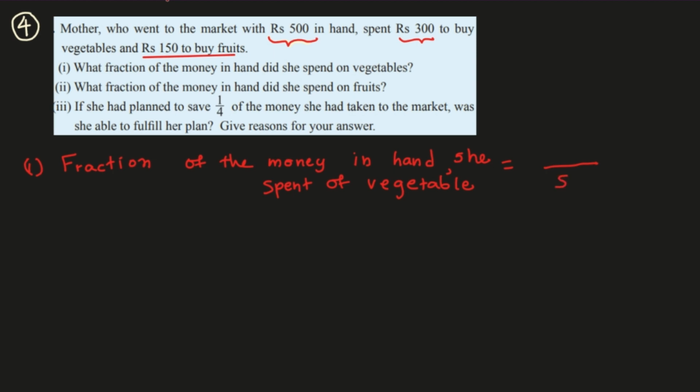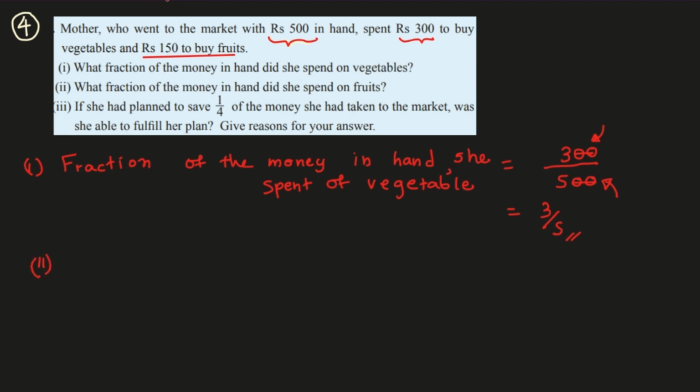So we can write 500 as the denominator, and she had spent 300 rupees to buy vegetables. So out of 500, she had used 300 rupees to buy vegetables. So we can simply write this fraction as 3 upon 5. Great.